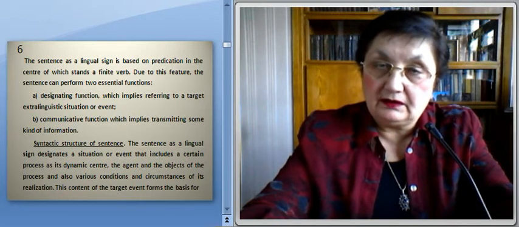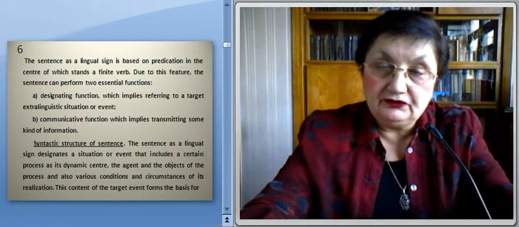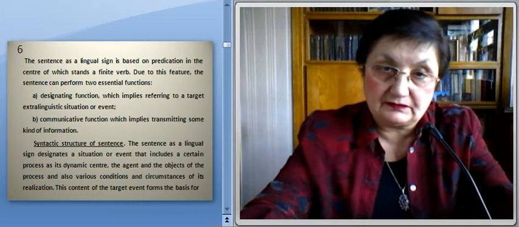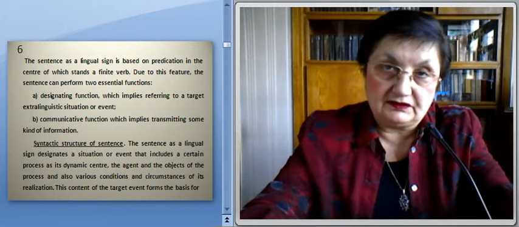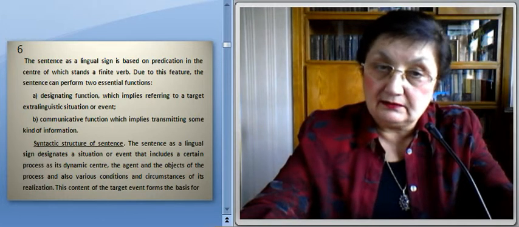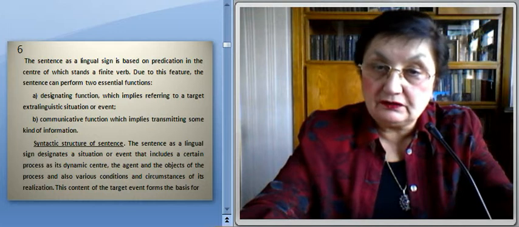Due to this feature, the sentence can perform two essential functions. Designating function, which implies referring to a target extra-linguistic situation or event, and communicative function, which implies transmitting some kind of information.